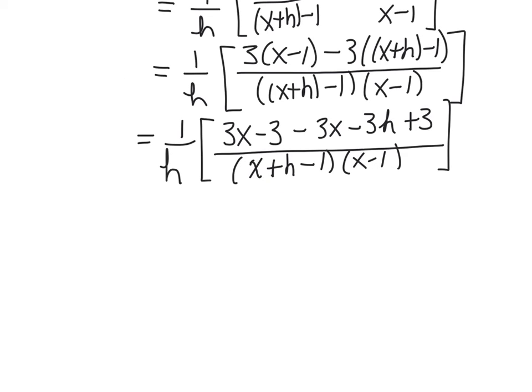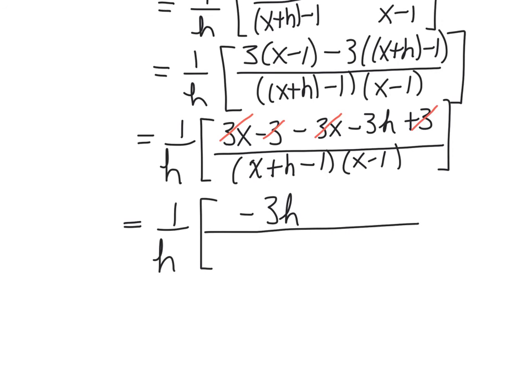Now in the numerator, the 3x's cancel and the 3's cancel, and we are left with 1 over h times minus 3h over x plus h minus 1 times x minus 1.